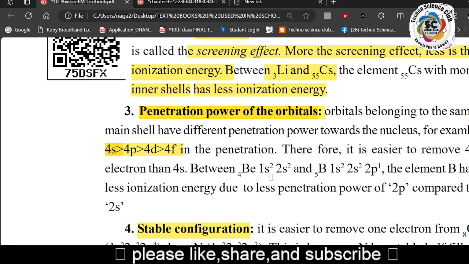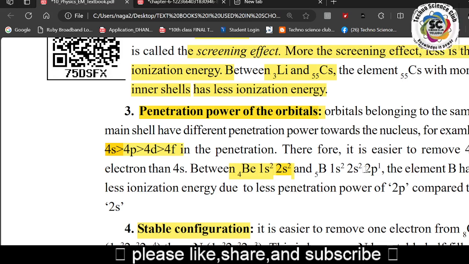So boron has a lower ionization energy and beryllium has a higher ionization energy, because if there is more penetrating power, there is more ionization energy. In beryllium there is an S orbital, which has more penetrating power, so it has more ionization energy.